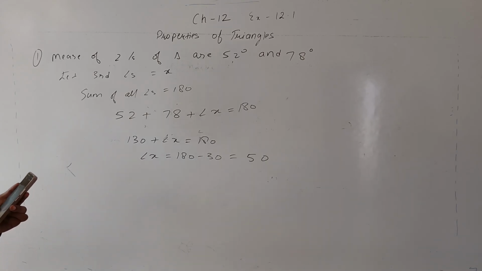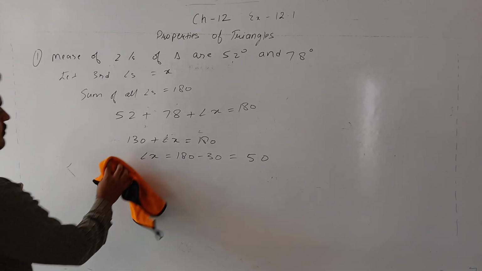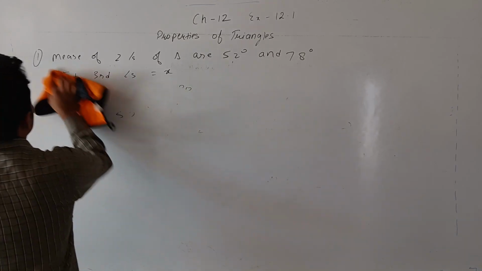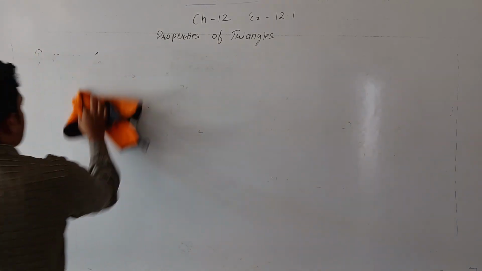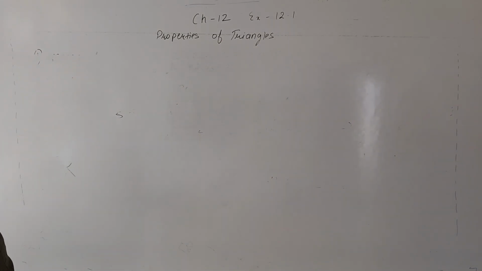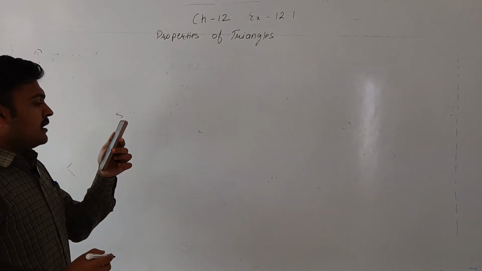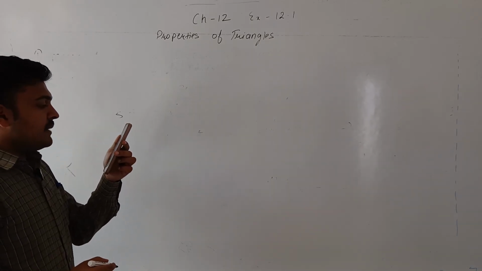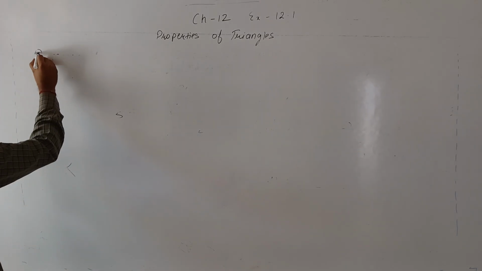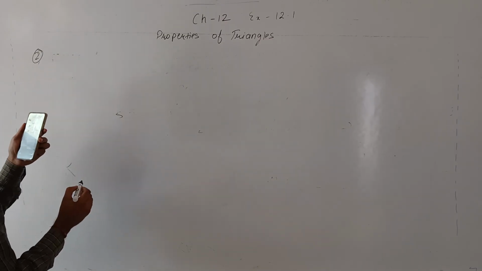Next we will go to the second question. So our second question is: the angles of a triangle are given, find the measure of each angle. The angles of a triangle are given in terms of x.